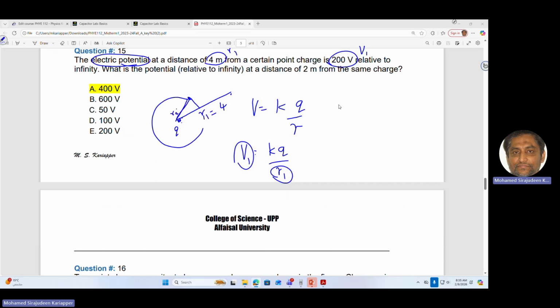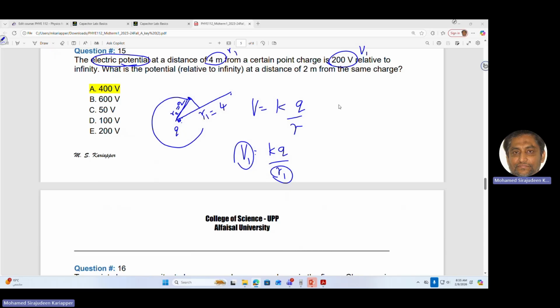So when R2 is 2 meters, what we are doing here is using the same charge. We don't change the charge, and K is a constant.